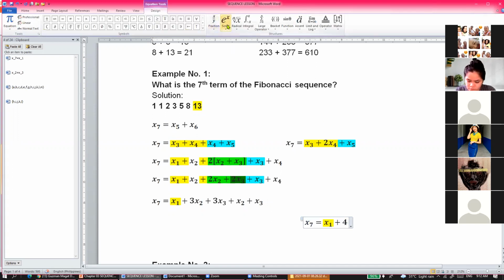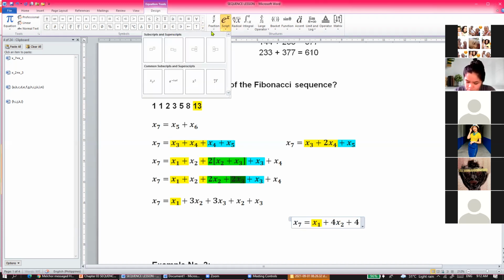Then plus. Ilan naman ang X sub 3? Apat din, sir. So I'll type 4, X sub 3.